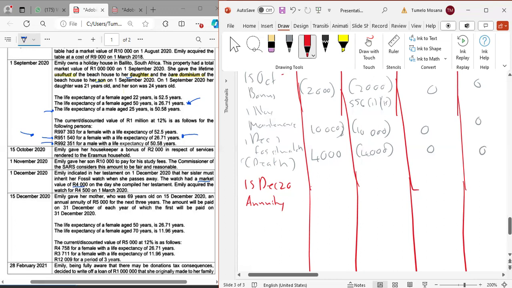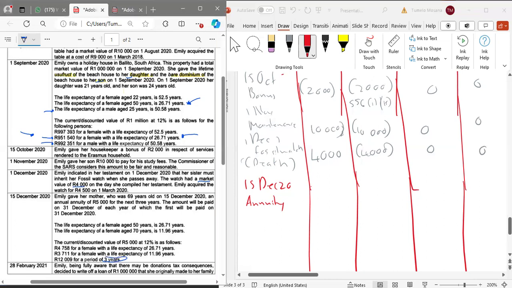And 3 years is the period in use, which is the lowest. So we do it for the whole 3 years, not just for the year of assessment. Here we are just choosing the value of donations. So we are choosing the lower of the life expectancy or the period in use. We are going to do this every year, should it be applicable to us.